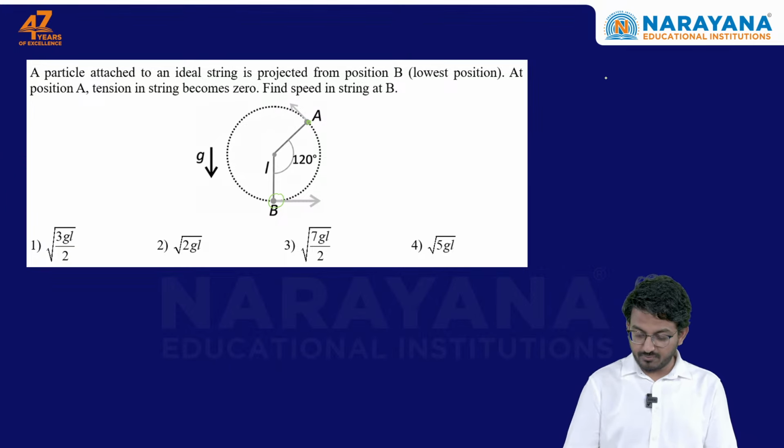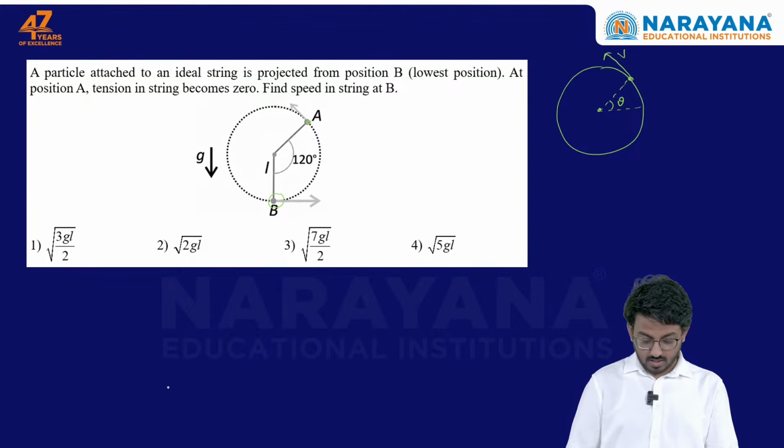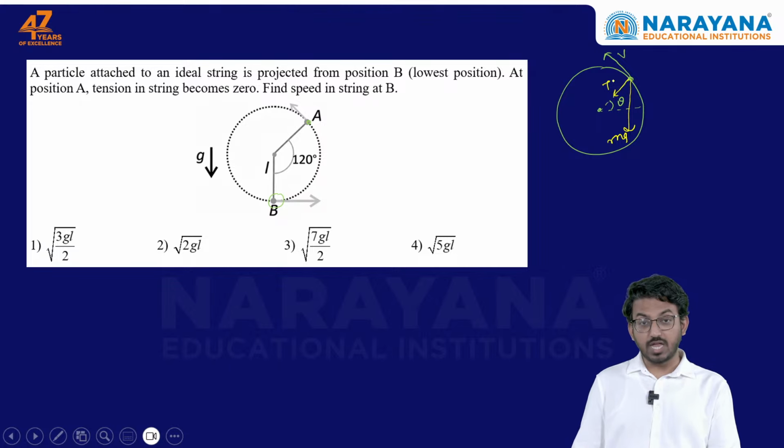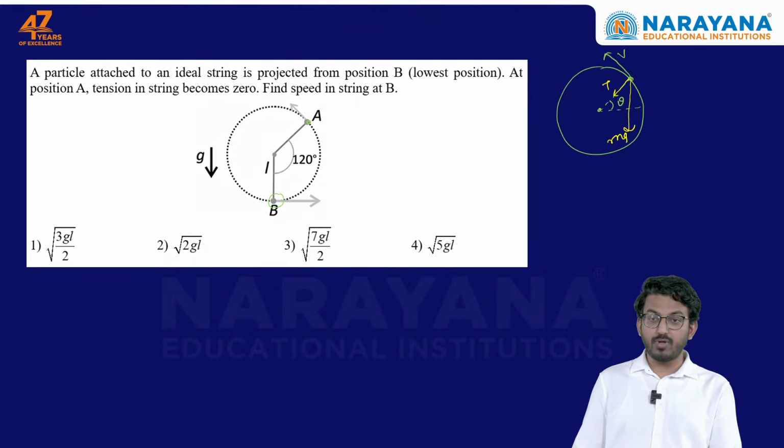First you have to understand a few things here. If we are at some angle theta here, going with some speed v, then the forces acting on the particle right now are mg and tension towards the center. If I want the tension to become 0, then a component of mg must behave as centripetal force here.